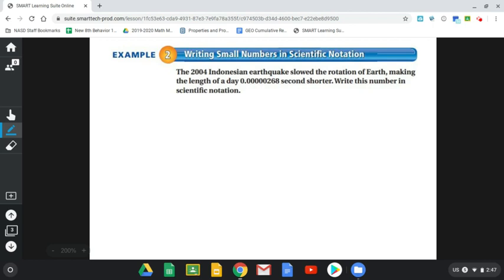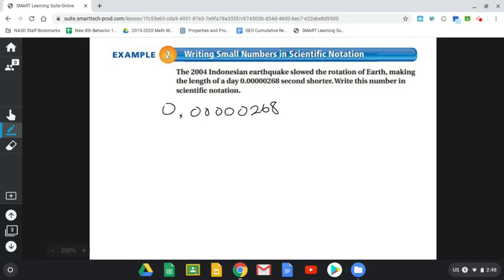Write this number in scientific notation. So again, I'm going to start by writing down the number 0.0000268. Now you'll see that we don't need to add a decimal point to this number because it already contains one. But we still have to do the same process.